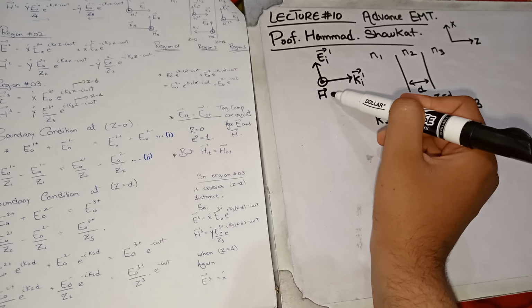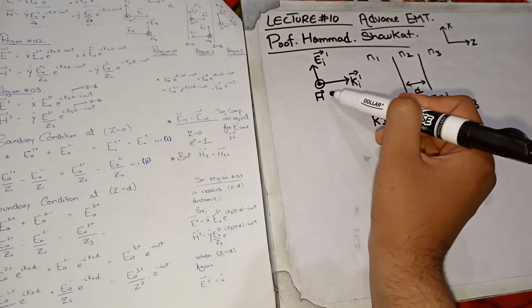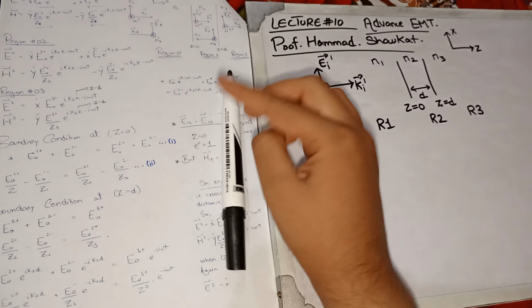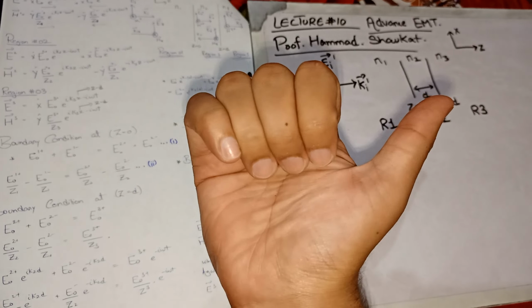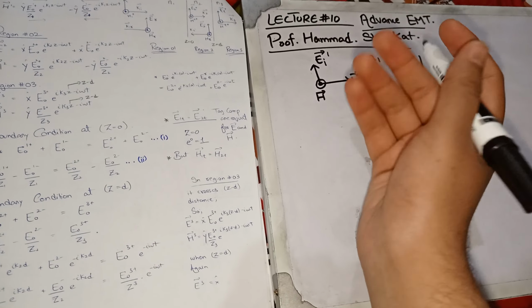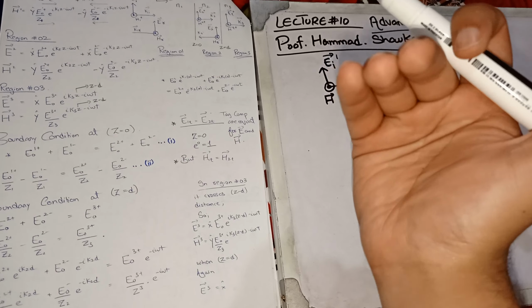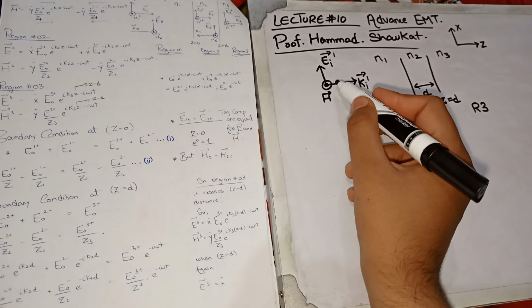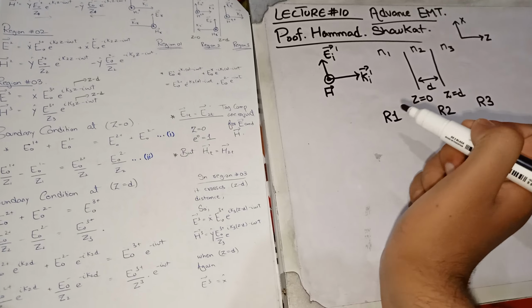But how do you know whether it is positive y or negative y? By this rule: if it is out of the page, it is positive y; if it is into the page, it is negative y. In this scenario it is out of the page, so the magnetic field is in the positive y direction.